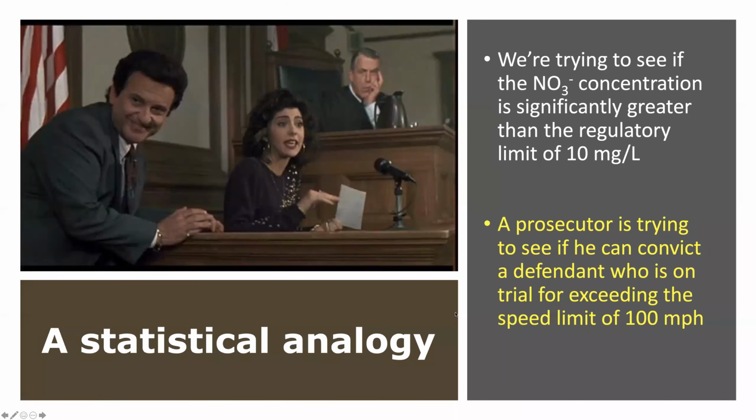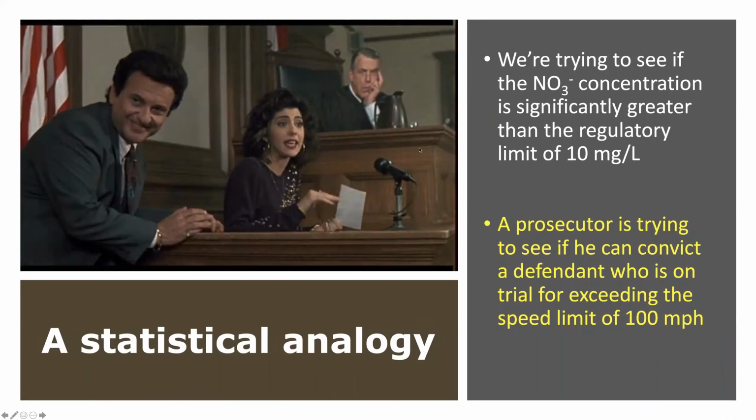All right, so let's use a statistical analogy for how to understand hypothesis testing and the results of a statistical test. So in our engineering situation here, shown in the white text, let's suppose we're trying to see if the nitrate concentration is significantly greater than the regulatory limit of 10 milligrams per liter.